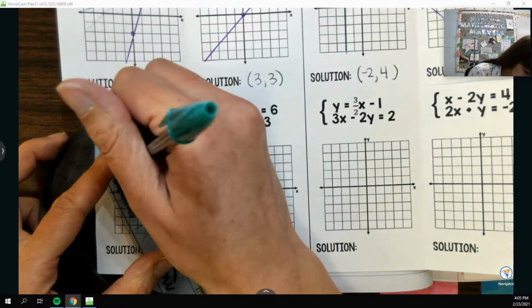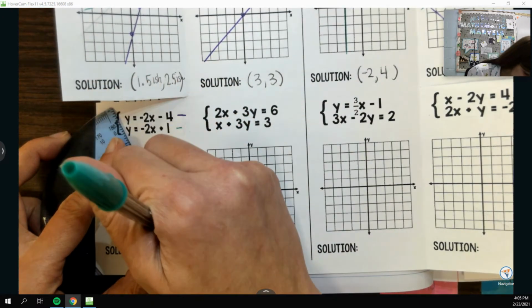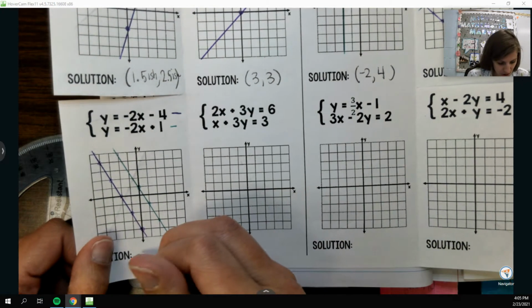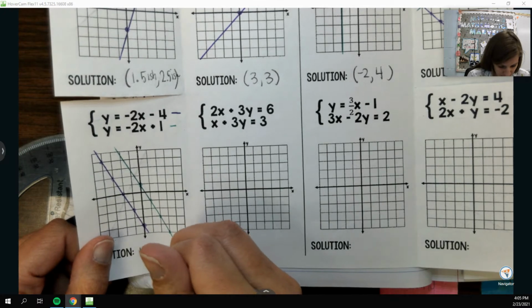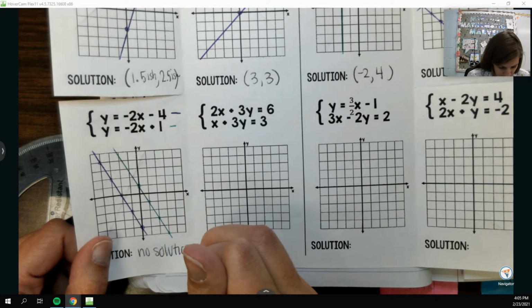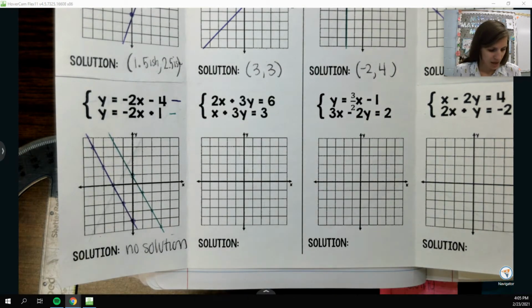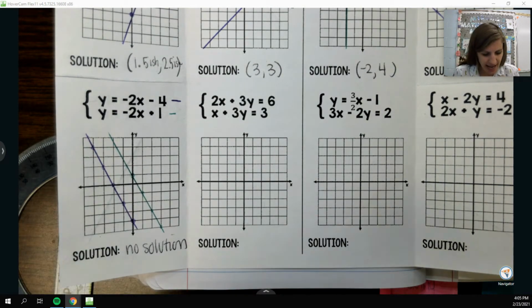These lines are parallel, which means no matter how far I go, they will never touch. So no solution, because those lines will not cross each other.